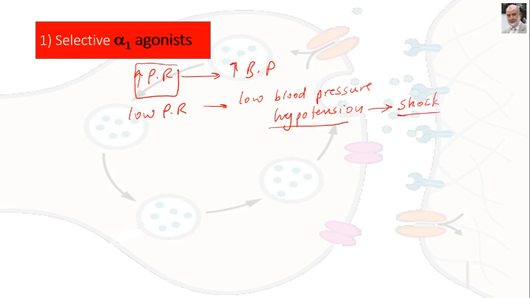Therefore, these drugs are used specifically to increase blood pressure, especially when there is a low peripheral resistance, as in the case of spinal anesthesia.